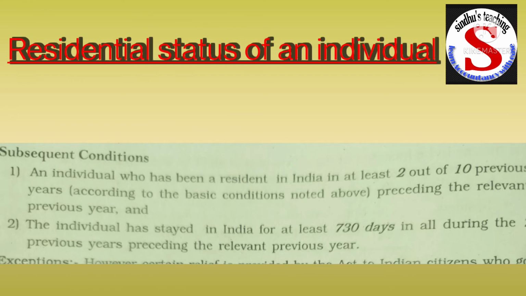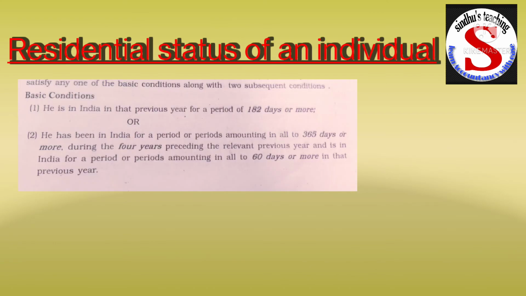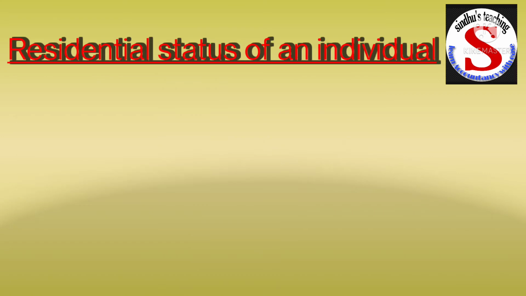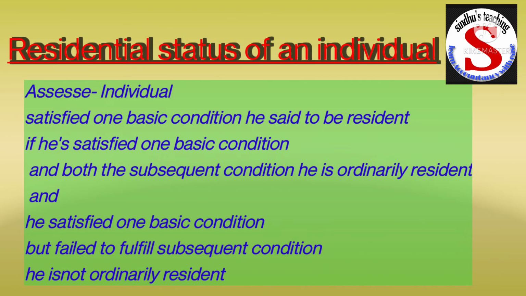Let me explain in short. In order to determine the residential status of an individual, we should know the basic conditions and the subsequent conditions. If the individual satisfies any one of the basic conditions, then he is said to be resident.